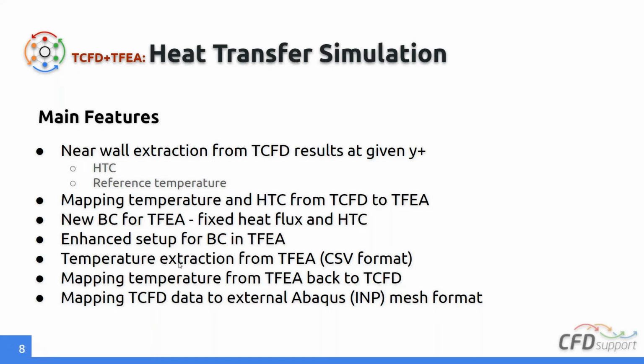Then you can extract the resulting temperature on the solid. You can extract it in the CSV format, and then this format can be loaded back into, let's say, the next CFD simulation. So you can perform a new CFD simulation with an updated temperature which you get from the solid. So you can really have a loop to include the solid into the CFD simulation.